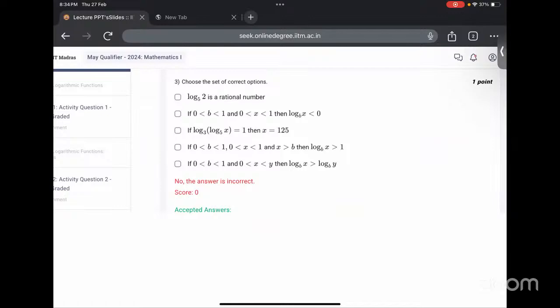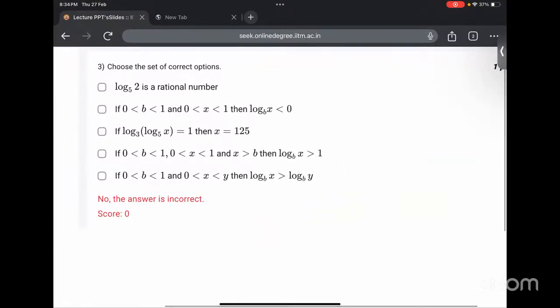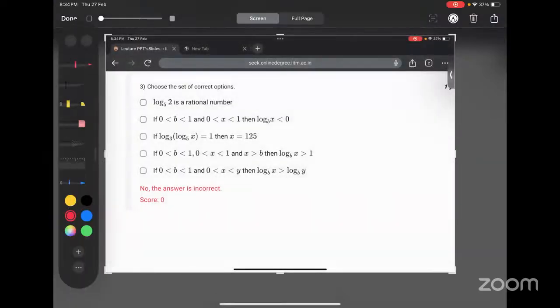What about this one? Log 2 is a rational number. We can check it via the same rule. You just try to check it and let me know whether it is coming or not.